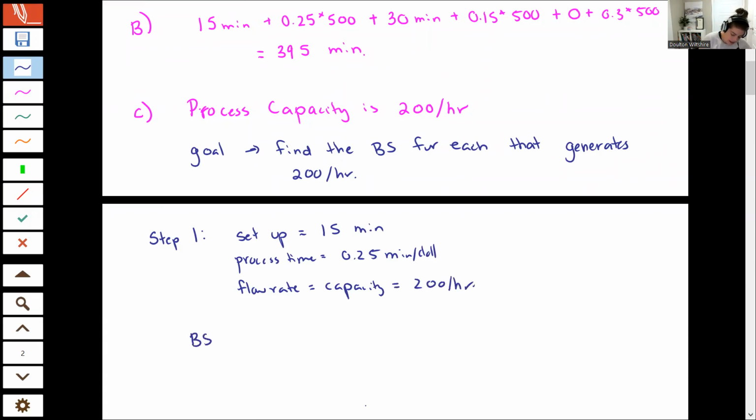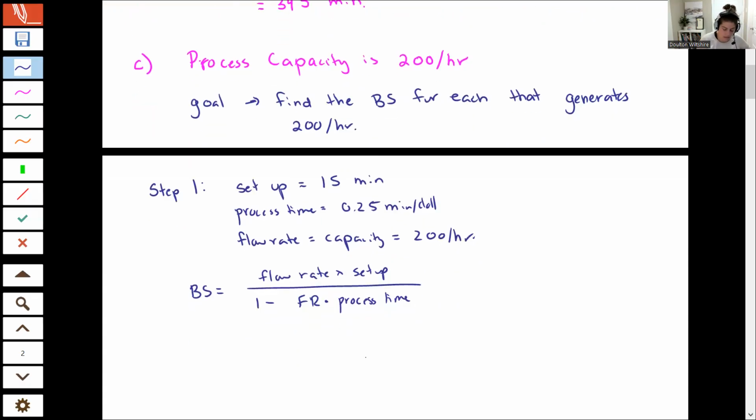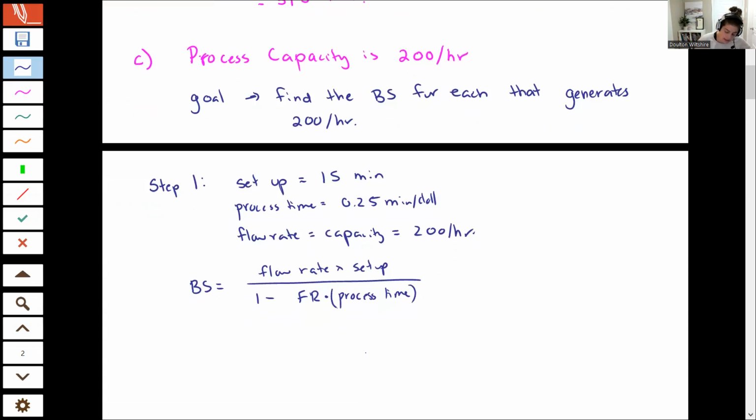So my batch size, which is my flow rate times setup over 1 minus that flow rate times my process time, or unit time, depending on what version of the formula you're looking at, but it's all the same thing. We want to calculate this.